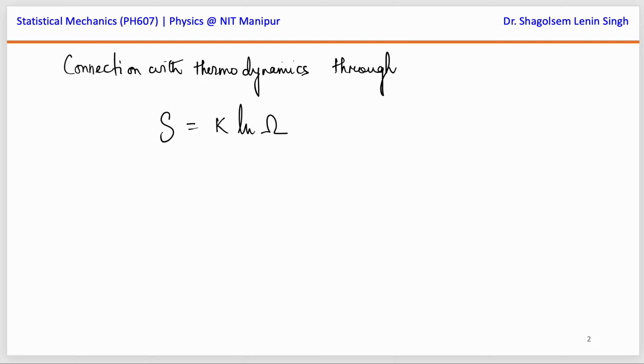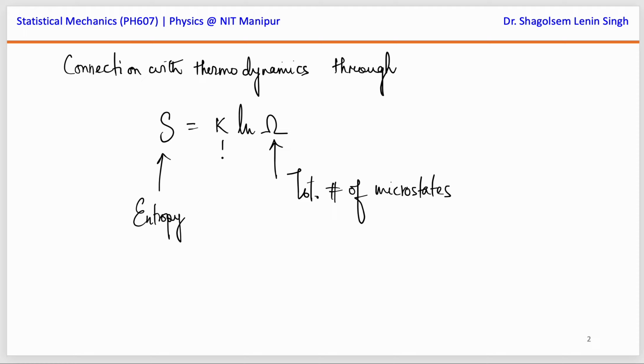And this is the entropy here, and this is the total number of microstates, and this is our Boltzmann constant.